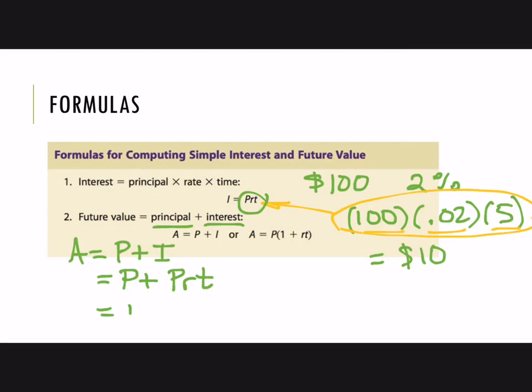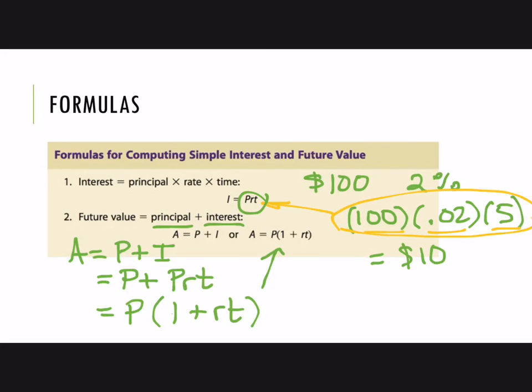And so if we divide by the principal and we look at what's left, well, principal divided by principal is 1. Okay, picture like 100 divided by 100, that would be 1. And then principal times rate times time, well, if we divide that by principal, then all that's left is rate times time. Okay, so there we have it. This is the second formula.